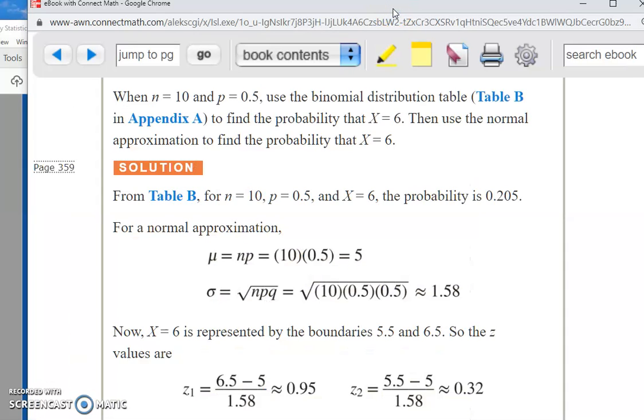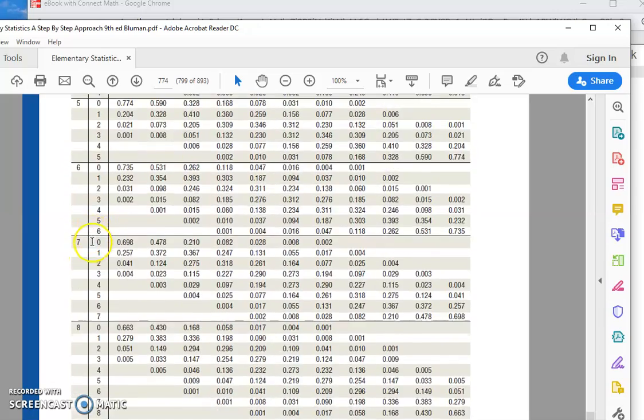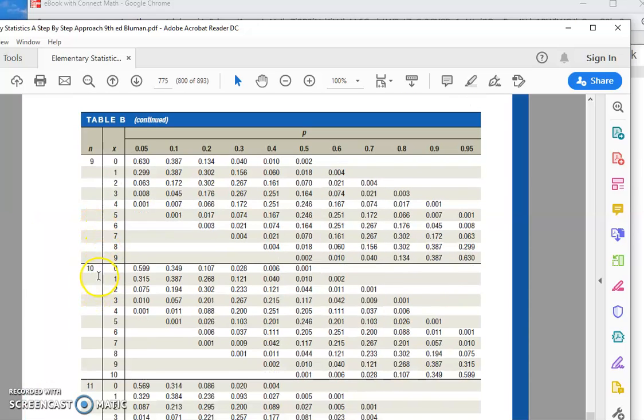So let's see if we can figure that out. Okay, so N is 10, P is 0.5. That's what we're told right there. So let's take a look at the table. N is 10, and we want an x of 6. That's the number of successes is 6. Whatever the experiment happens to be, 6 successes. Here's the 6 successes out of the 10 trials. So this is the row that I want.